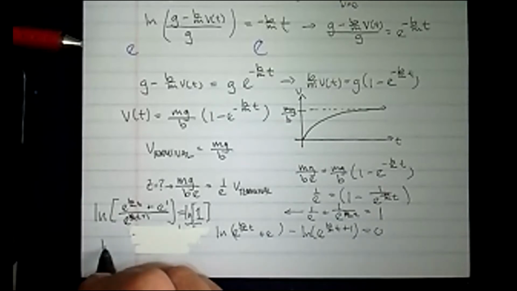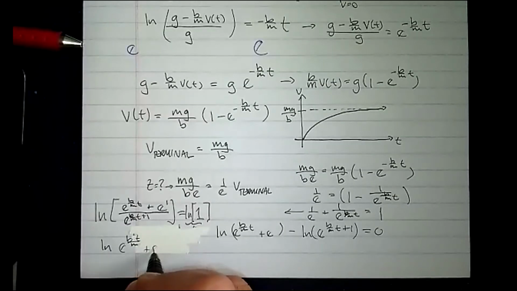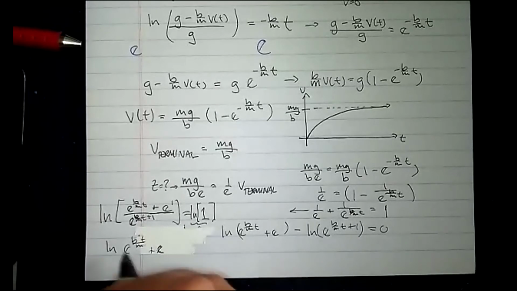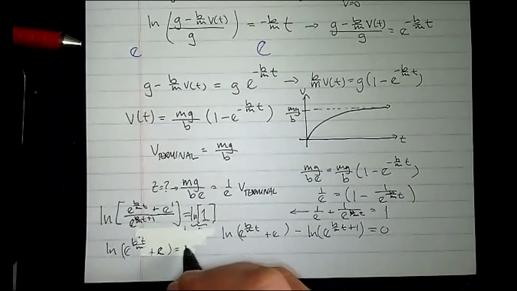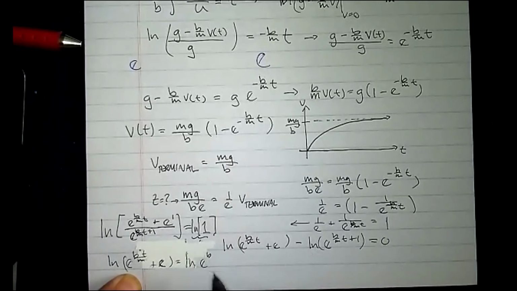So I could say the ln of e to the bt over m plus e is equal to the ln of e to the bt over m plus 1.